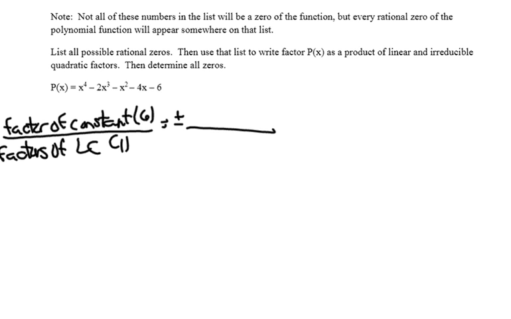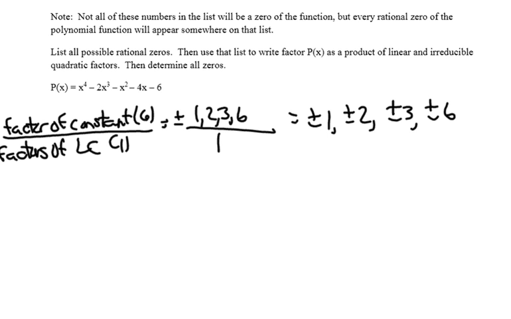Factors of 6: 1, 2, 3, and 6. Factors of 1, that's really simple, so I can simplify. These are the only possible rational zeros for this polynomial function.